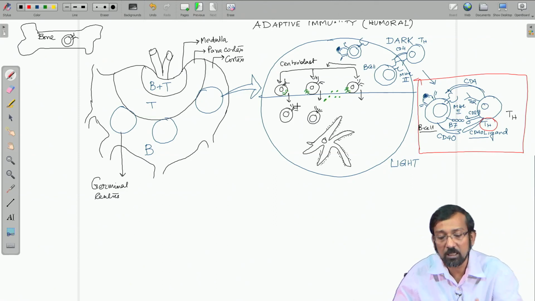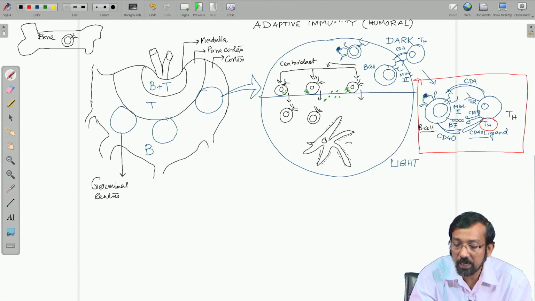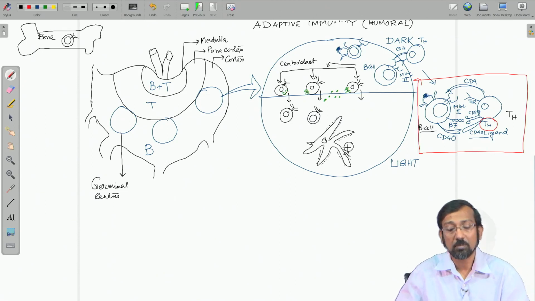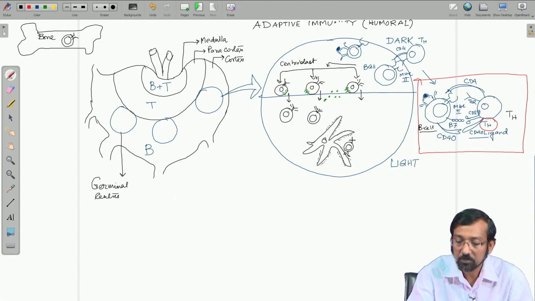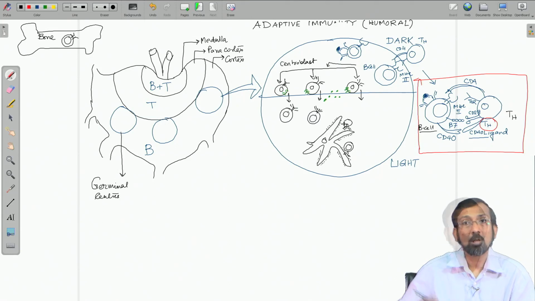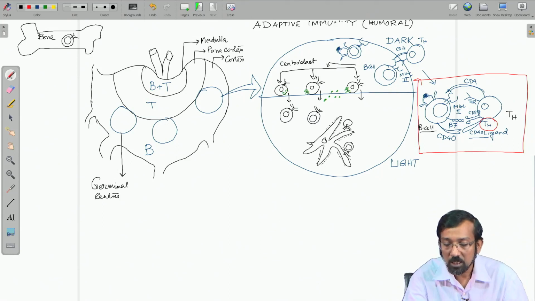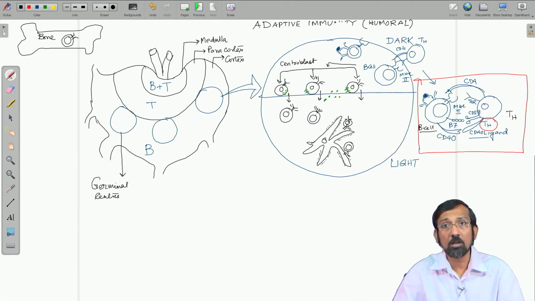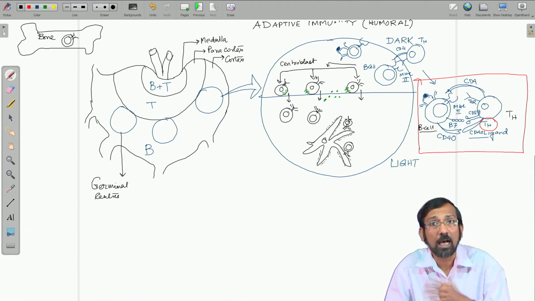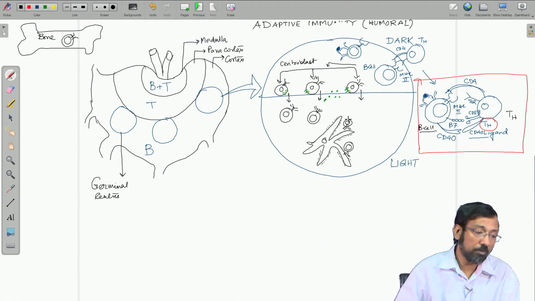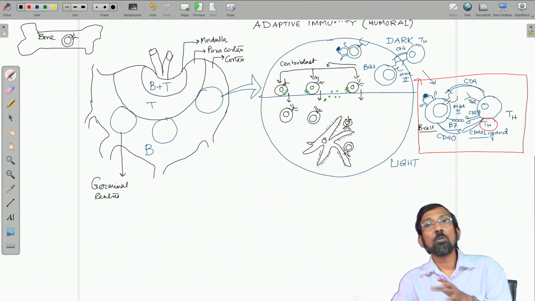Now, these centrocytes start interacting with these antigens. So, they start to compete for these antigens. So, there basically is a competition. There are many of these centrocytes, and some of them are having high affinity, some of them are having low affinity. So, they will now start to compete.